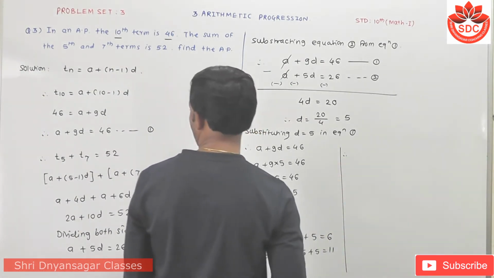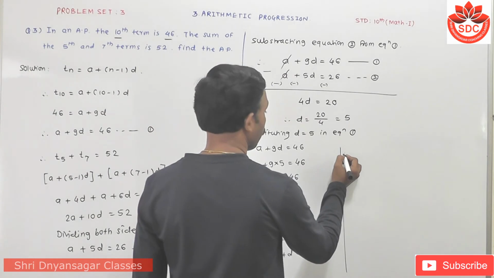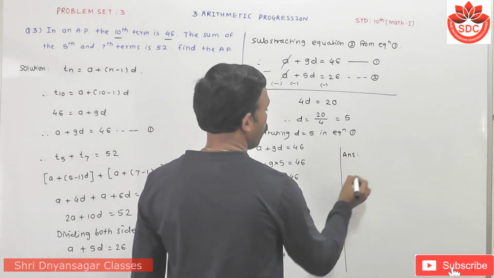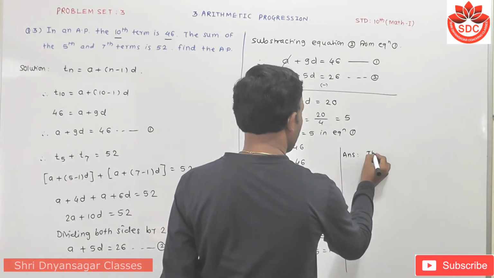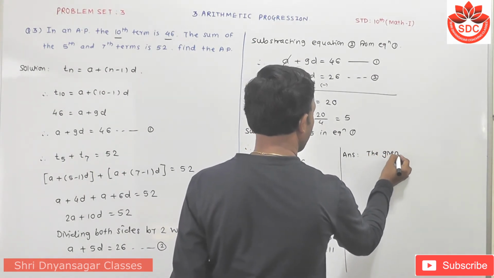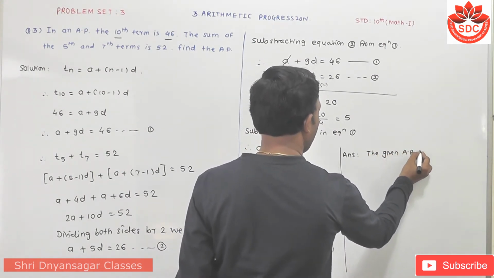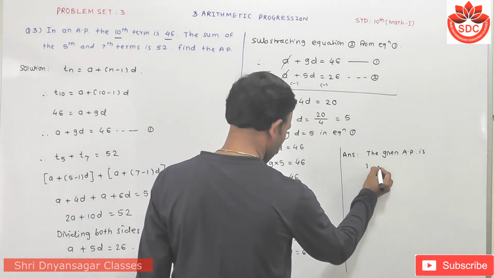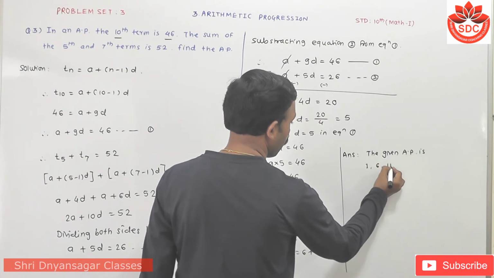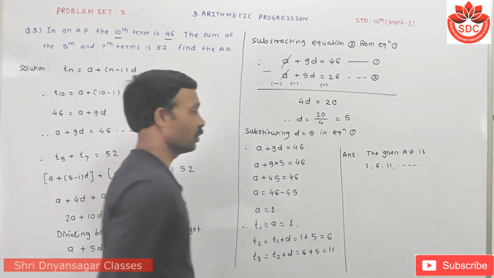Therefore, the answer in a full sentence: the given AP is, the first term is 1, second term is 6, third term is 11 and so on.